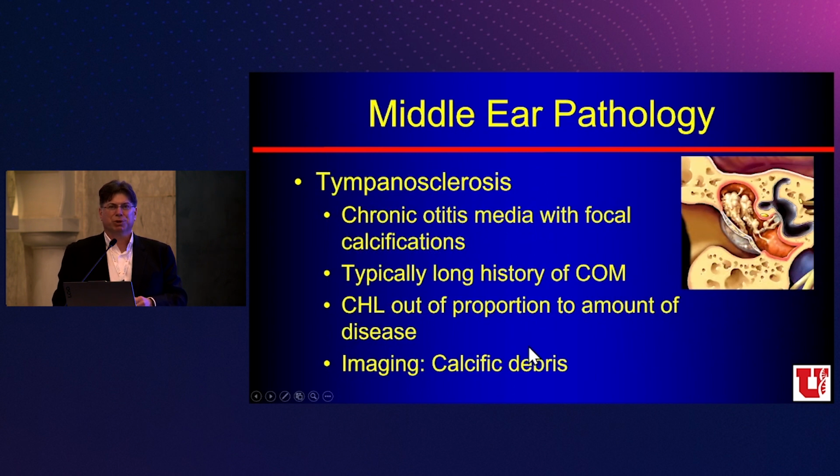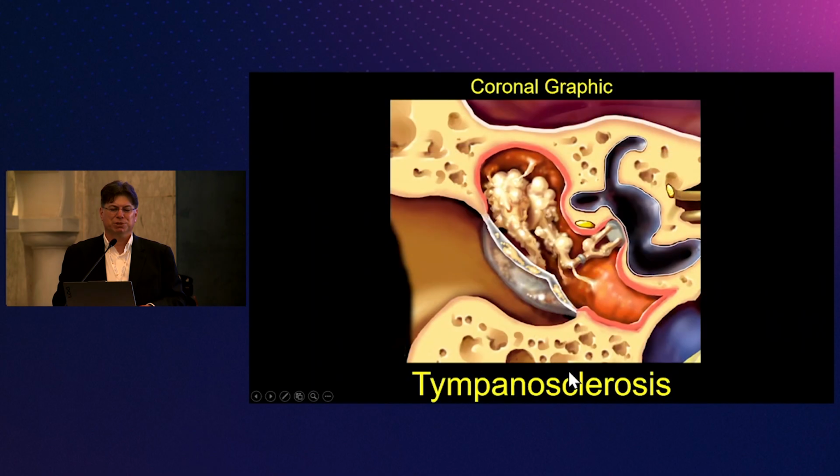Next, we have tympanosclerosis. If we have chronic infection of the middle ear cavity, it sometimes looks like we have little calcific debris laid down over the ossicles and or the tympanic membrane. So the TM may be thickened with calcification in it, and they may have a conductive hearing loss that's kind of out of proportion to the amount of disease that we see, but we look for those calcifications. So here's a coronal tympanosclerosis.